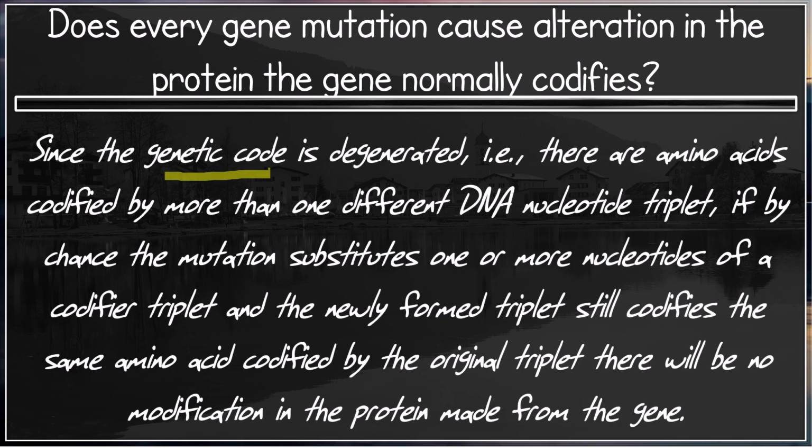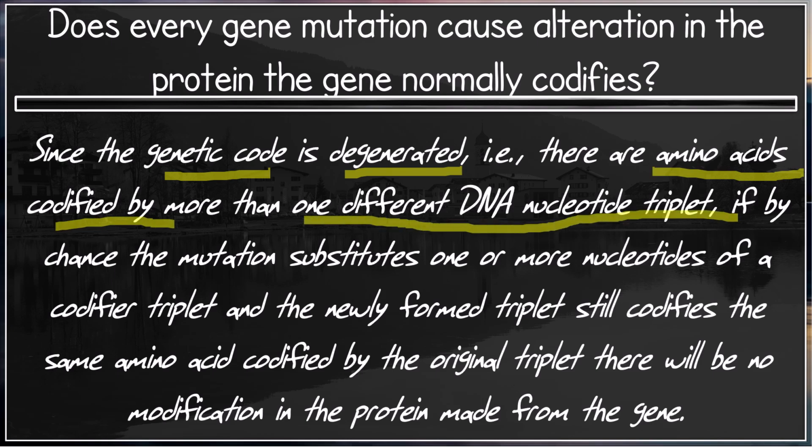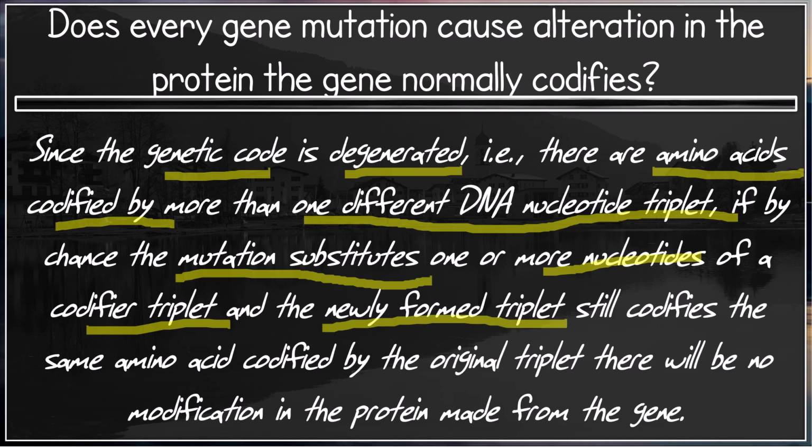Since the genetic code is degenerate, that is, there are amino acids codified by more than one different DNA nucleotide triplet. If by chance a mutation substitutes one or more nucleotides of the codifying triplets, the newly formed triplet still codifies the same amino acid codified by the original triplet. There will be no modification in the protein made from the gene.